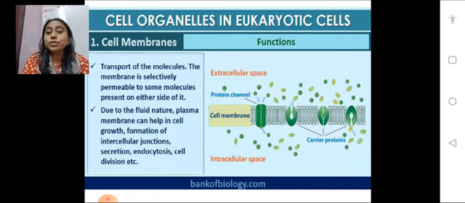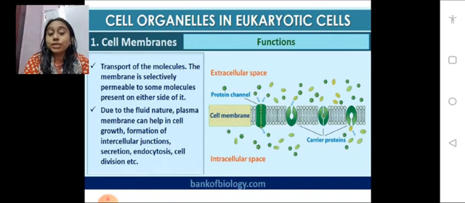So now come to the functions of the plasma membrane. Plasma membrane or cell membrane is so important for all living organisms. The main function is the control of transport of molecules. This plasma membrane is selectively permeable. Why? Because it allows only selected molecules to pass to and fro, to enter and to go out.